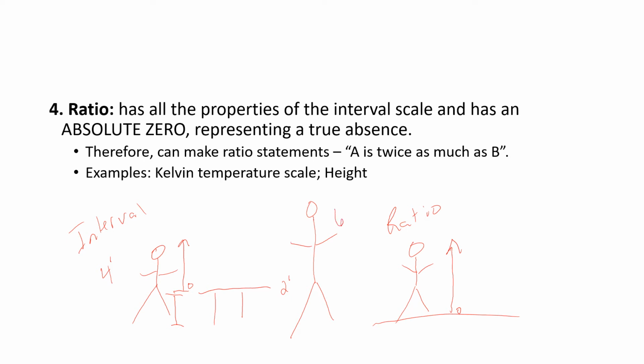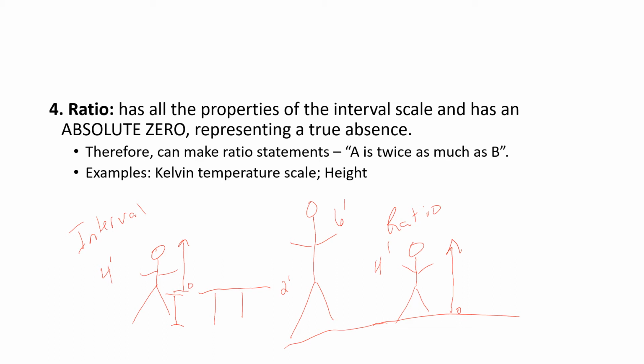This person is 6 foot tall. Is the person who's 6 foot tall twice as tall as the person who's 4 foot tall? No, that is not the case. If we were measuring from the ground, the person who's 6 foot and the person who's 4 foot, you can say that the person is 2 foot taller. If we had an 8 foot tall person, we could say that they're twice as tall.